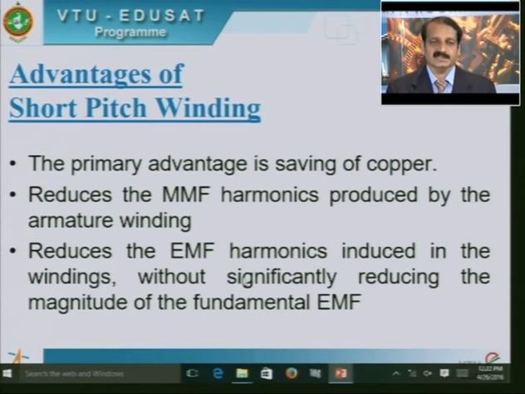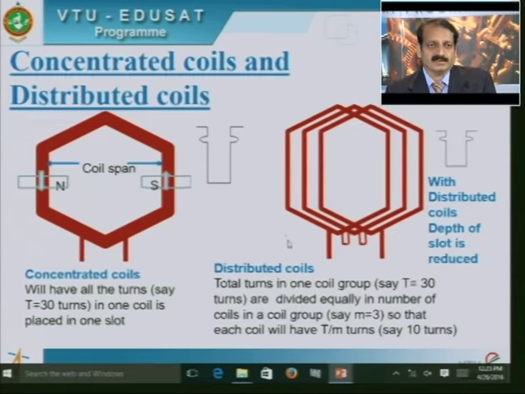Suppose 100 turns are used by the full pitched coils, then we may require, say, another 5% additional because of the reduction of EMF due to short pitching of the coils. Whatever additional copper is used for the increased number of turns is always less compared to the copper saved in the overhang region. So we get a net saving of copper by short pitching the winding.